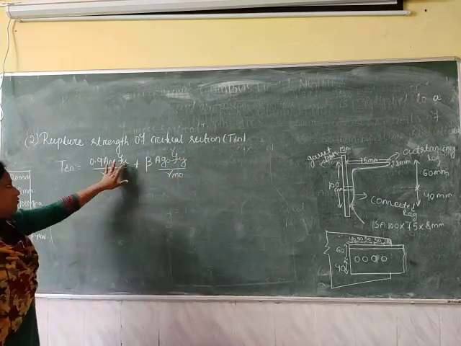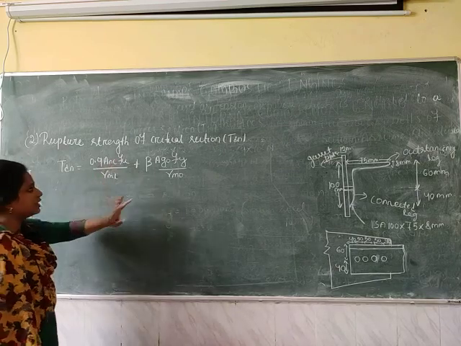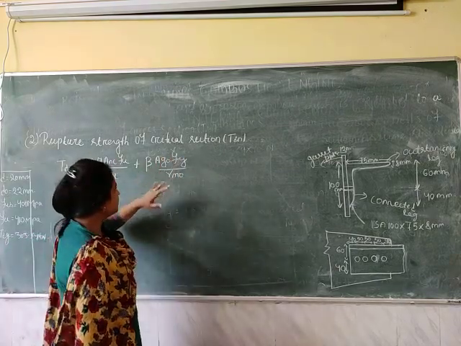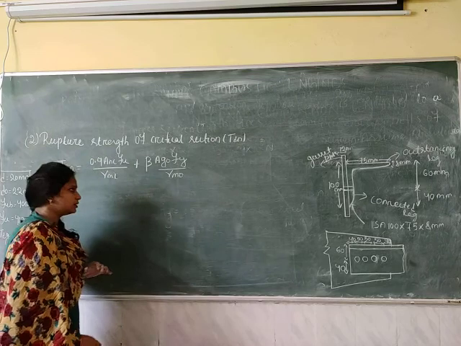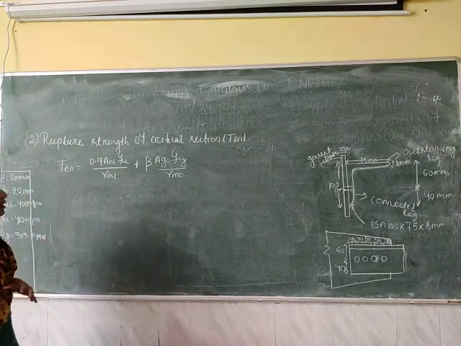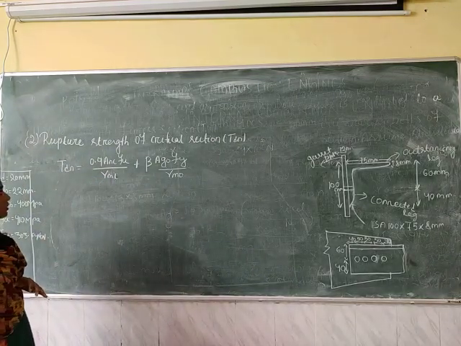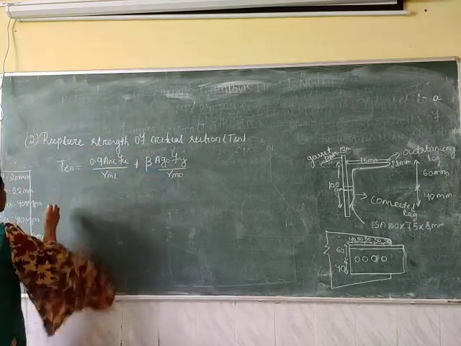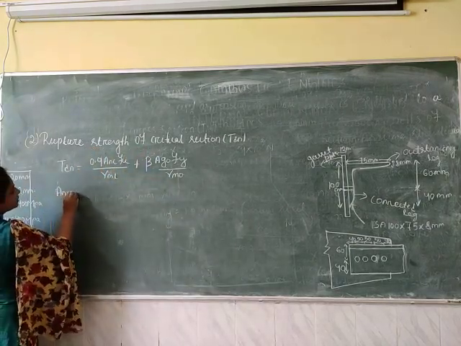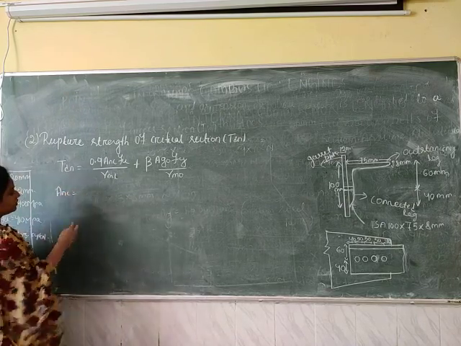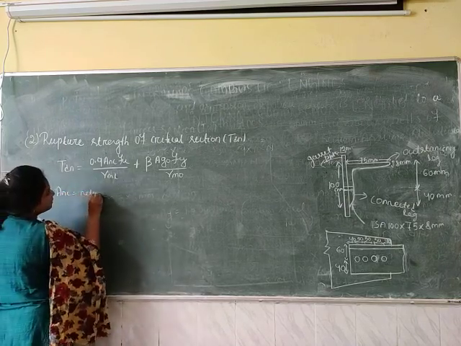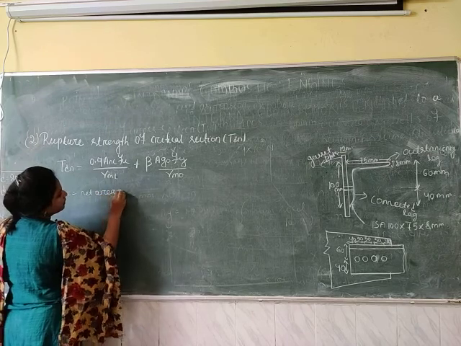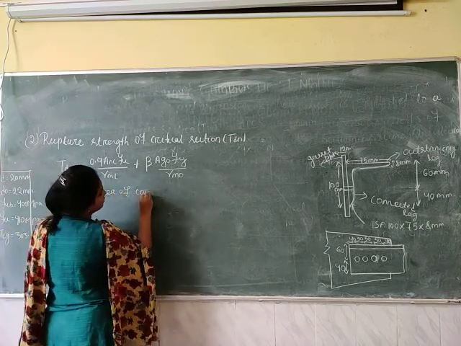Fu is 410 megapascal, Fy is 250 megapascal, gamma m naught is 1.1 and gamma m1 is 1.25. Then the unknowns are ANC, beta, and Ag naught. ANC is the net area of the connected leg.